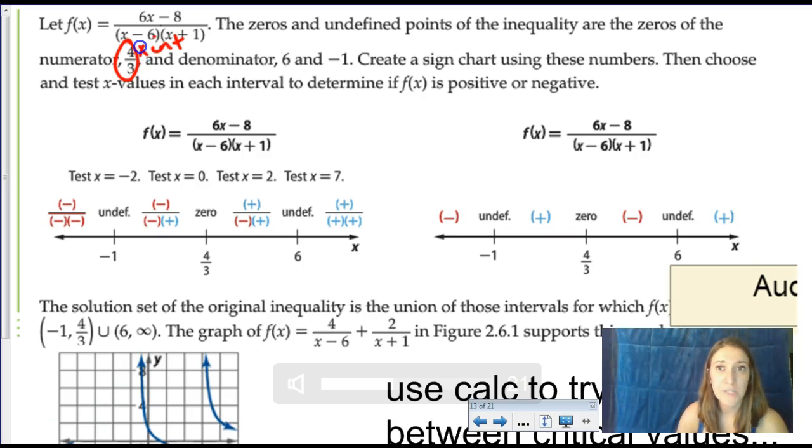And we have to notate what kind of a zero or a discontinuity we're talking about. Our discontinuities for our denominator are at x equals 6 and x equals -1. So what we're going to do on the sign change chart is put these critical values down in relative order again. However, we have to mention what they are. So this one here is an asymptote, this is an x-intercept, and this one here is an asymptote.